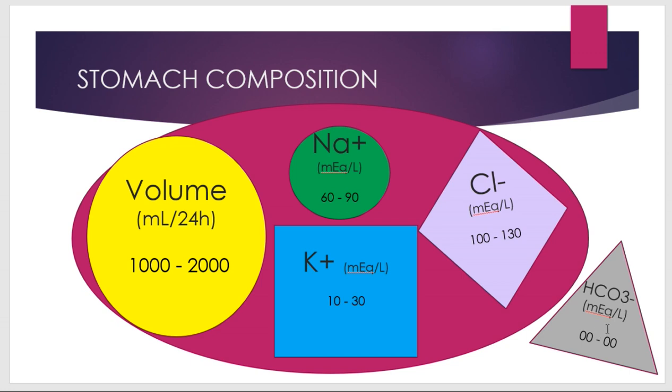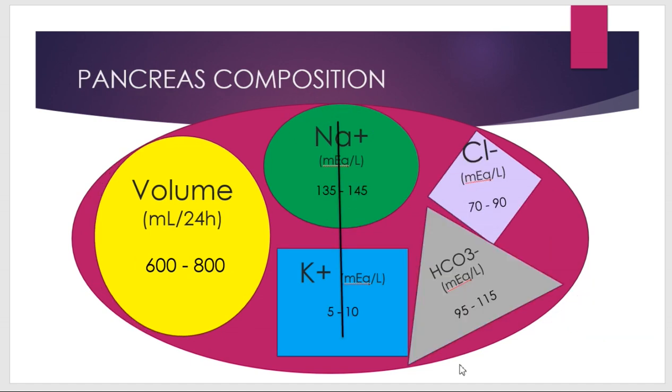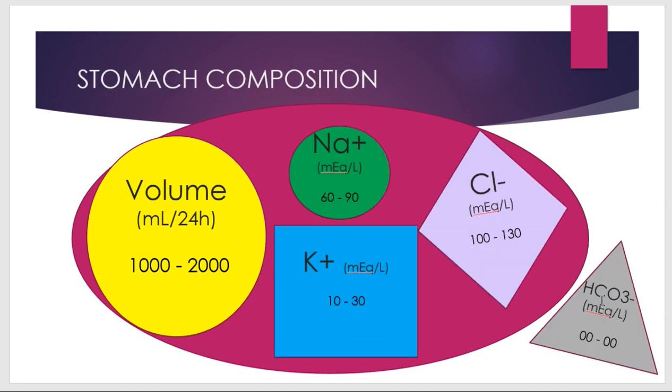Here you can see the bicarbonates are out, compared to the pancreas or bile. Bicarbonate triangles out means there are no bicarbonates in gastric secretion.